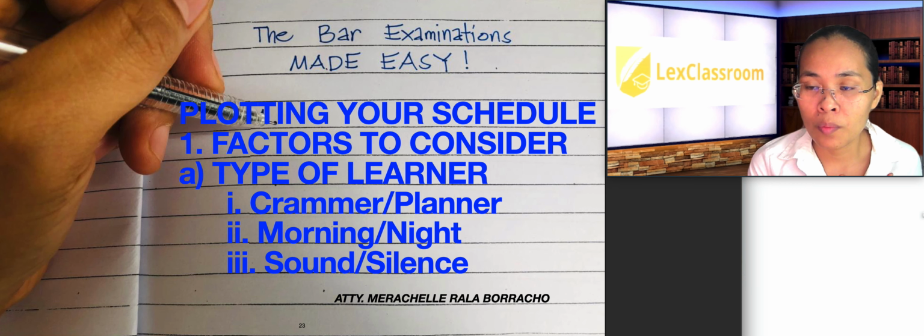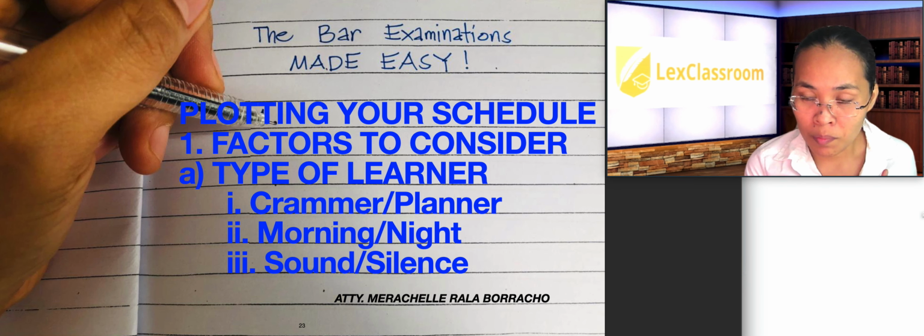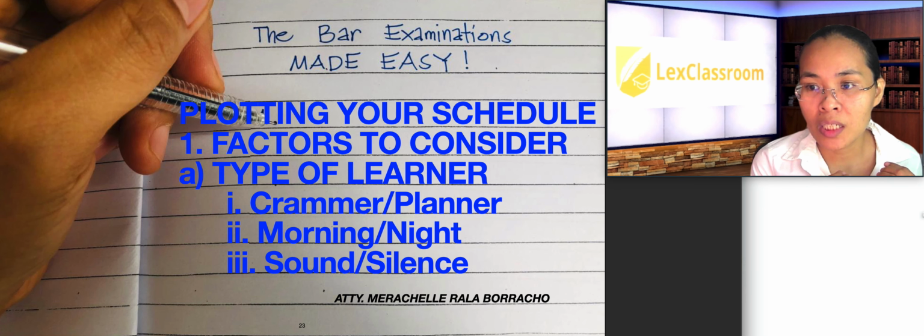As to my personal circumstance, there are times that I could be a planner, and there are times that I could be a crammer, especially if the subject is difficult. I would have to admit that I am inconsistent.